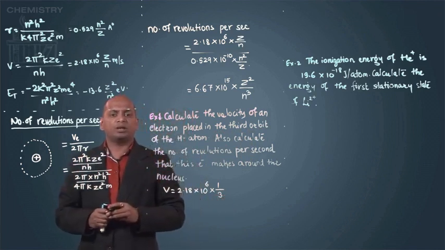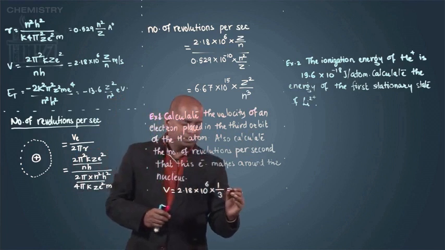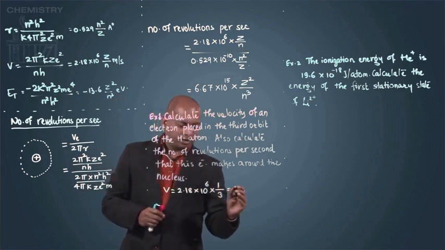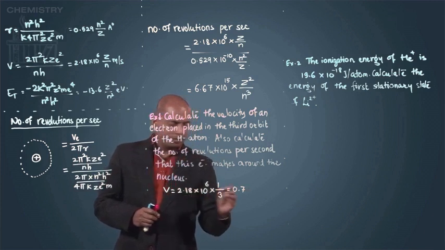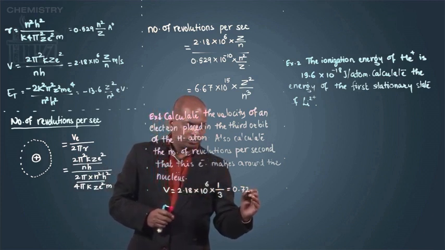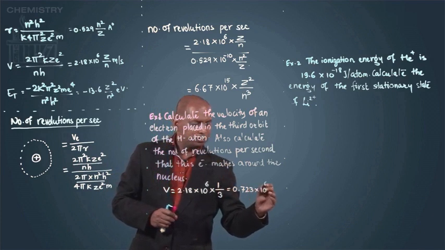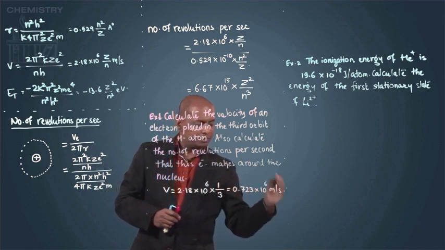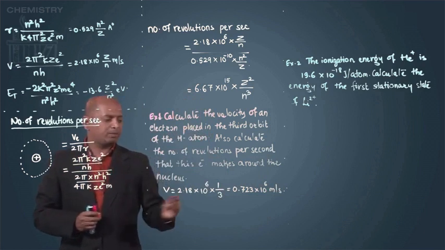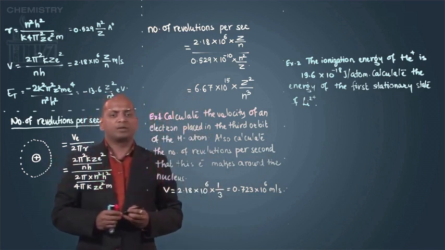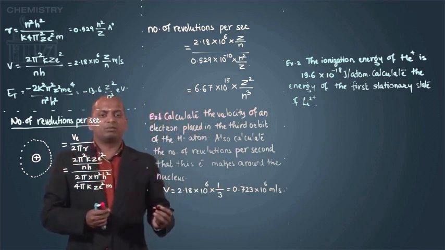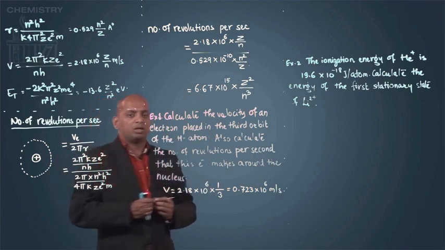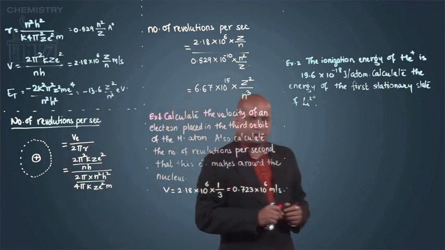So that gives your velocity, and if we calculate that, it is something around 0.73 into 10 raised to 6 meter per second, or 7.23 into 10 raised to 5 meter per second. So that will be your velocity of the electron revolving in the third shell.